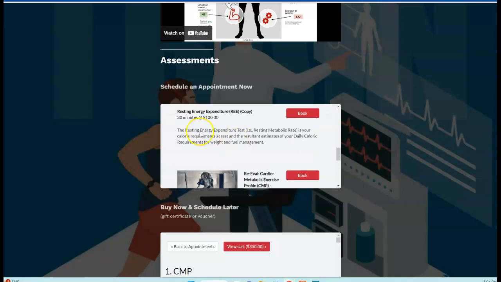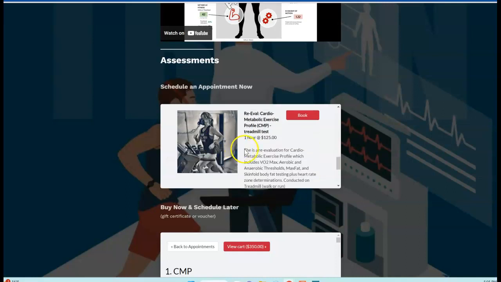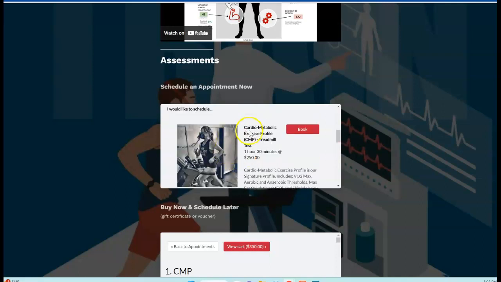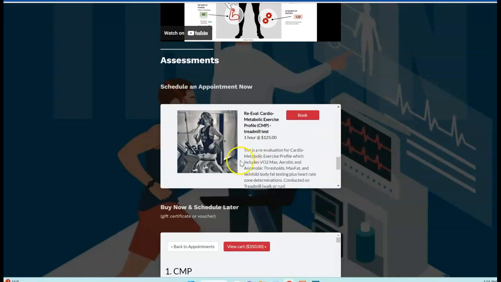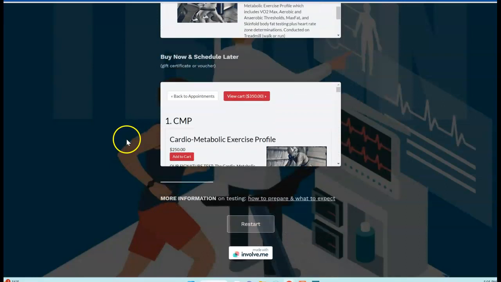You also have an option to add on the resting energy expenditure test if you want to evaluate your caloric need at rest. And then there are reevaluations in here too. So when you go through this test for the first time, every time thereafter you get a discounted rate for the follow-up reevaluation.